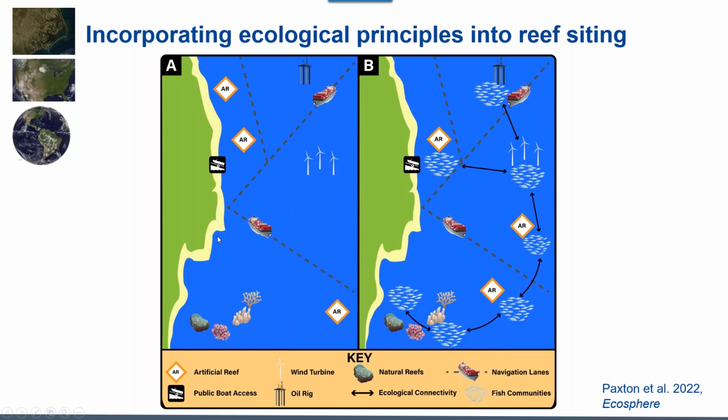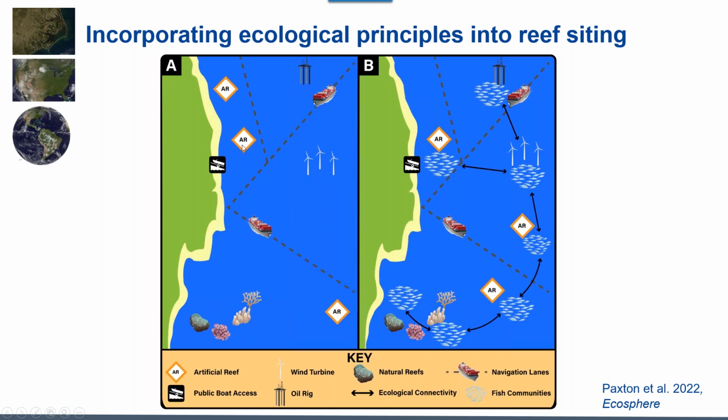One of the things that we've been working on with partners is trying to find ways to incorporate ecological principles into reef siting. And on panel A, this is an idealized version of how reef siting happens currently. And so we have our artificial reefs as our white and orange diamonds.